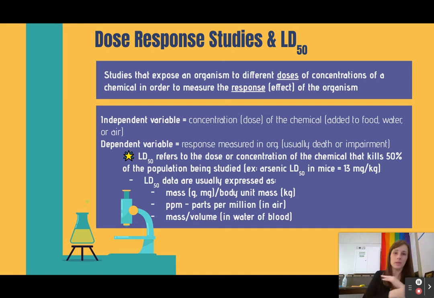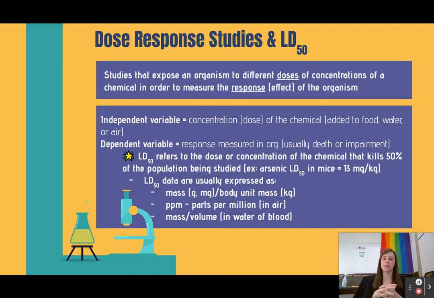Either way, if we take the mass of our mouse and within its body it has 13 milligrams per kilogram, that is the amount at which half of the mice in our study are going to die. So that's why we call it arsenic's LD50 in mice. This is the amount we would have to have within that organism in order to kill 50% of the organisms in our study.